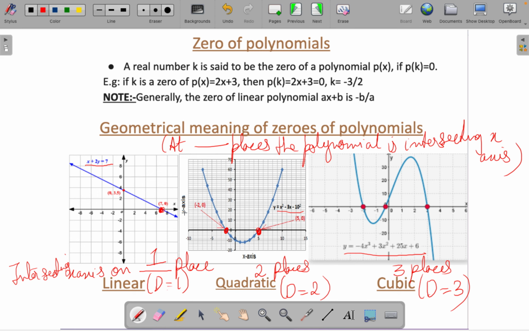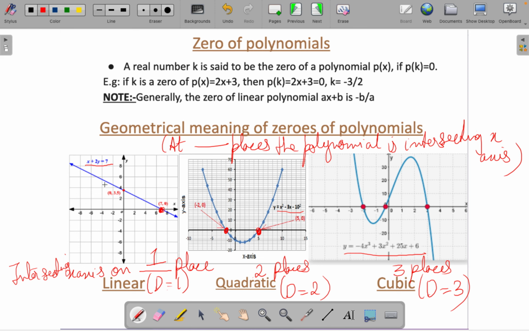So in this you will clearly get to know how many zeros there are. Degree 1 means maximum zeros 1, degree 2 means maximum zeros 2, degree 3 means maximum zeros 3. And since these are the zeros, it also means if you plot the polynomial on a graph paper, at what places the polynomial is intersecting the x-axis. So this is the logic of your first exercise.